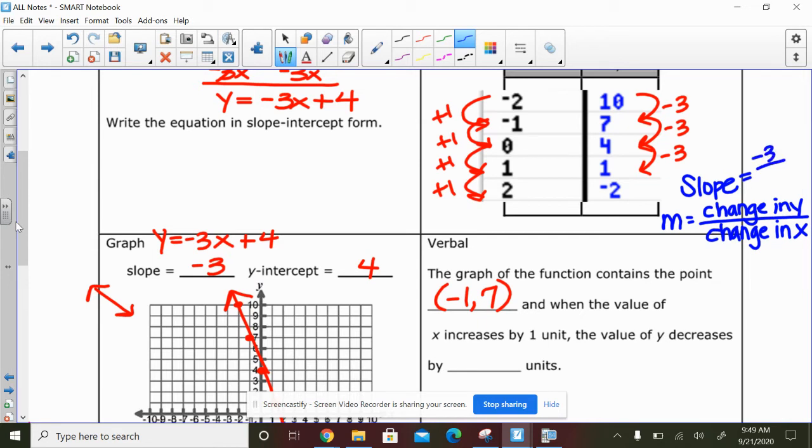The change in my x's are positive 1. Negative 3 over 1 is negative 3. So if you had just a table like this and you had to figure out the slope, you can do that like this. So to finish the sentence, when the value of x increases by 1, the value of y decreases by 3 units.